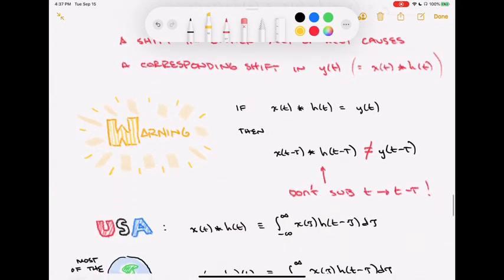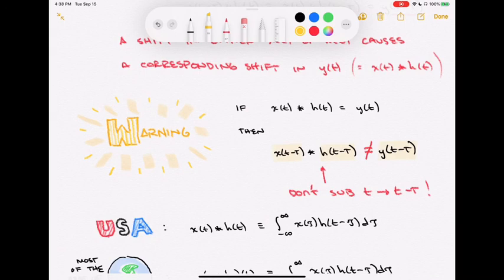I would put a warning on this. If x convolved with h gives us y, notice that x(t minus T) convolved with h(t minus T) does not equal y(t minus T). In other words, you can't shift both of those things and only get a single shift in the output.